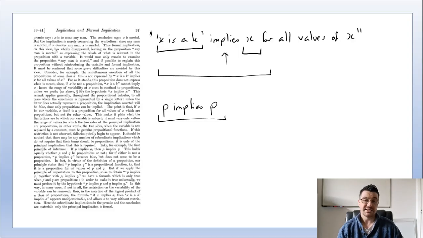So this P implies P will be true only in the case when P is a proposition, and when P is not a proposition, it will be a false implication. So what we can do, and what we'll see Russell does, is he inserts an extra little implication into this X is a K implies X. Into the antecedent, he'll insert this X implies X.